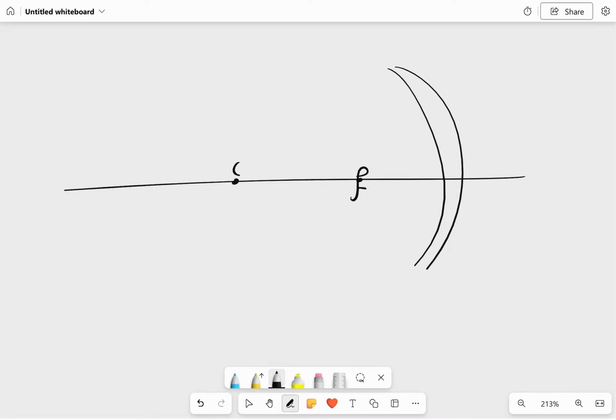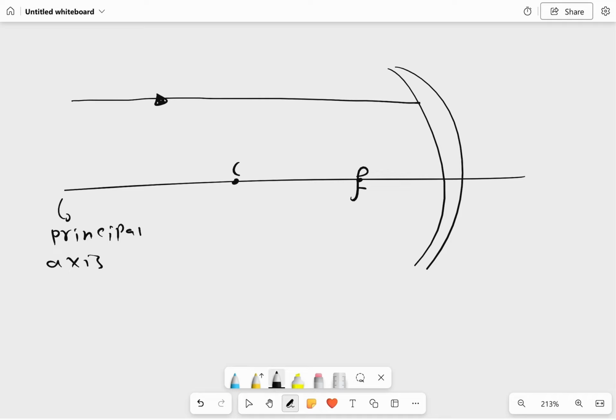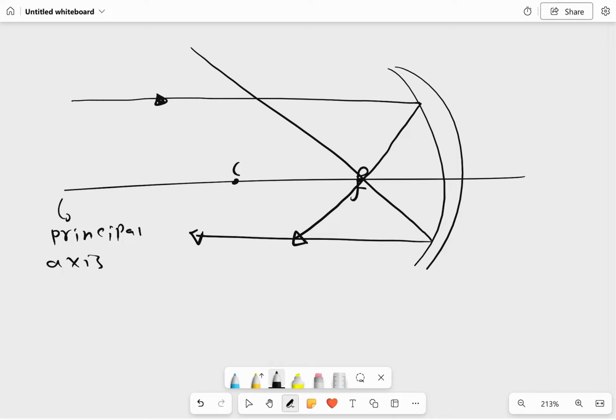If a ray is coming and it's parallel to the principal axis, it's going to be reflected through the focal point. If a ray is coming through the focal point, it's going to be reflected parallel to the principal axis.